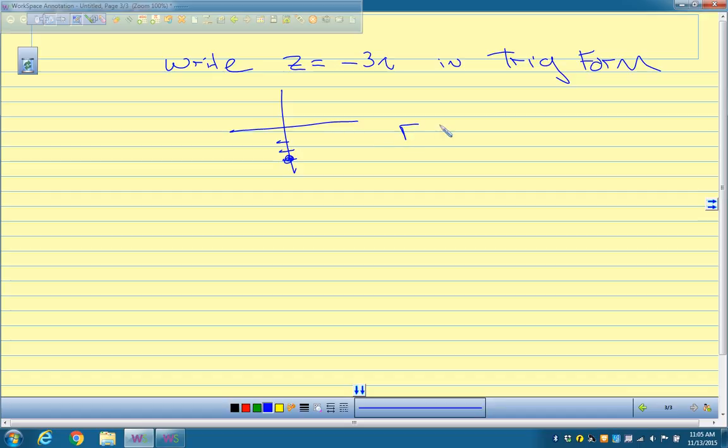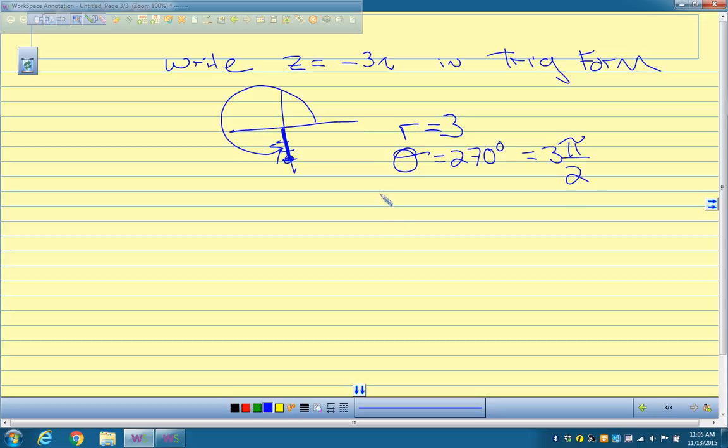What's r in that case? What's the magnitude or the modulus here? It's just plain old 3, right? What's theta? How far is it from here to here? 270 degrees. So theta is 270 degrees, or 3 pi over 2 radians, right?